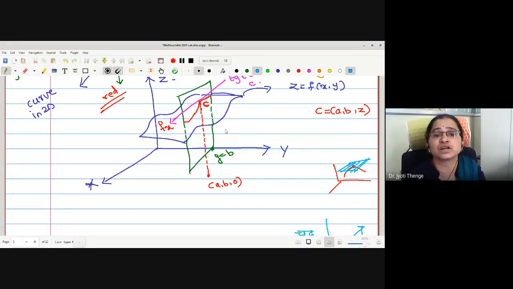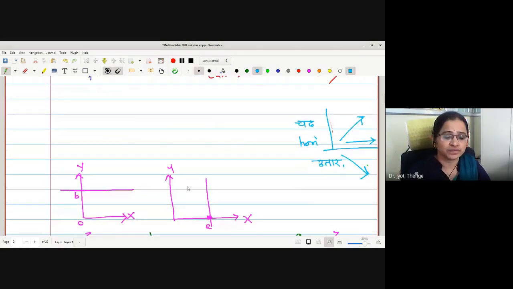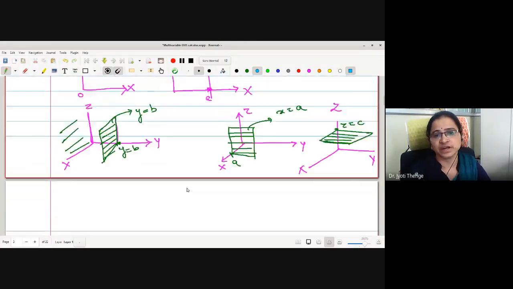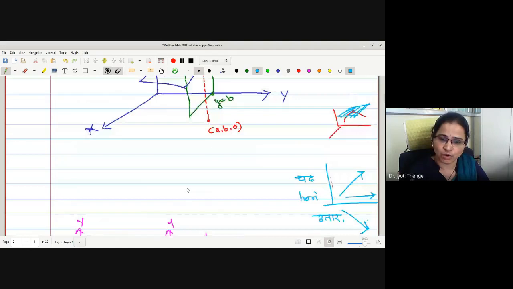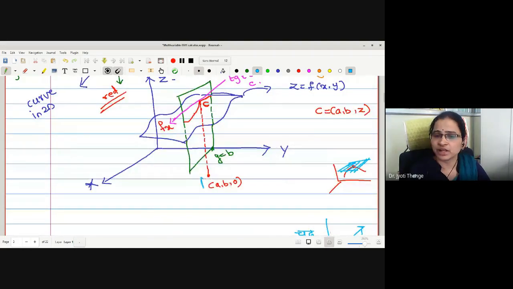In other directions, the partial derivative fails to give you the rate of change, and that's why the partial derivative is unable to imply the continuity of the given function. That is, the partial derivative may exist at the point p, say (a, b), but it fails to explain the continuity at the given point.